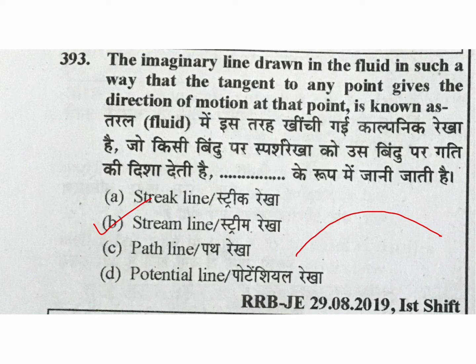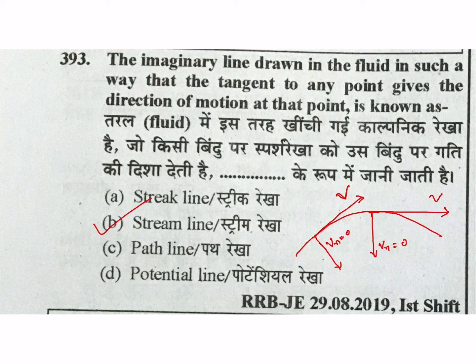If you draw the tangent at any point, you will get the velocity vector v, and perpendicular to it velocity is 0. Normal velocity v equal to 0. Here also if you draw a tangent, you will get the direction, and normal Vn equal to 0. This is streamline definition. So B is your correct answer.